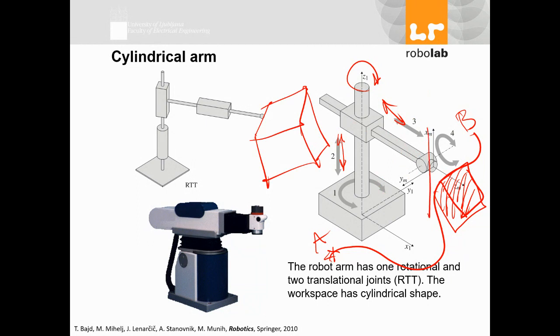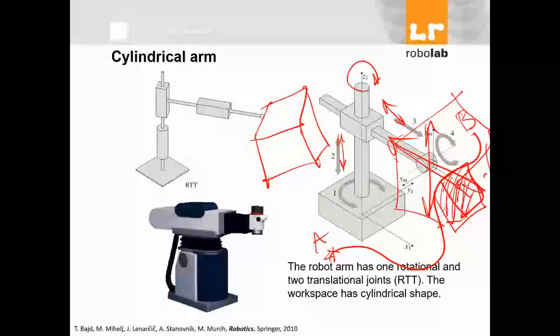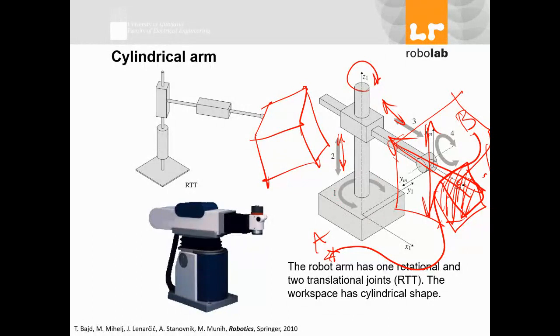Because going up and down, back and forth, creates a box-shaped area for you, and this rotation moves that box around. So what you have is a workspace covered by these two linear Cartesian joints, and that area is moved around by this rotation.